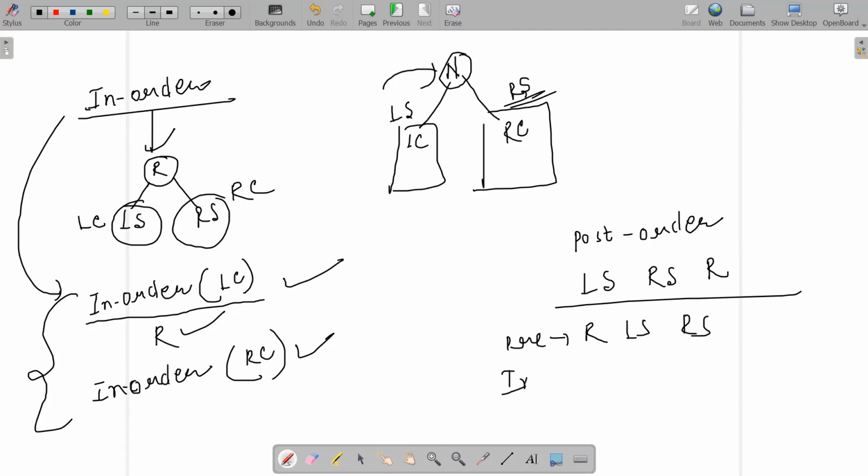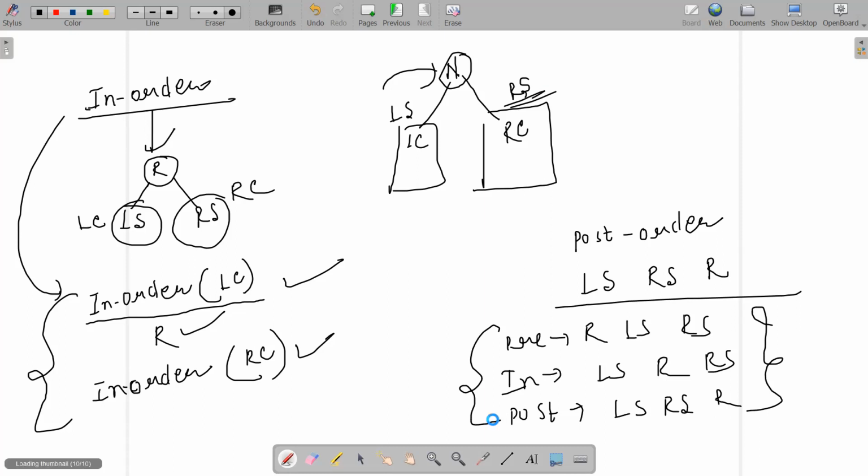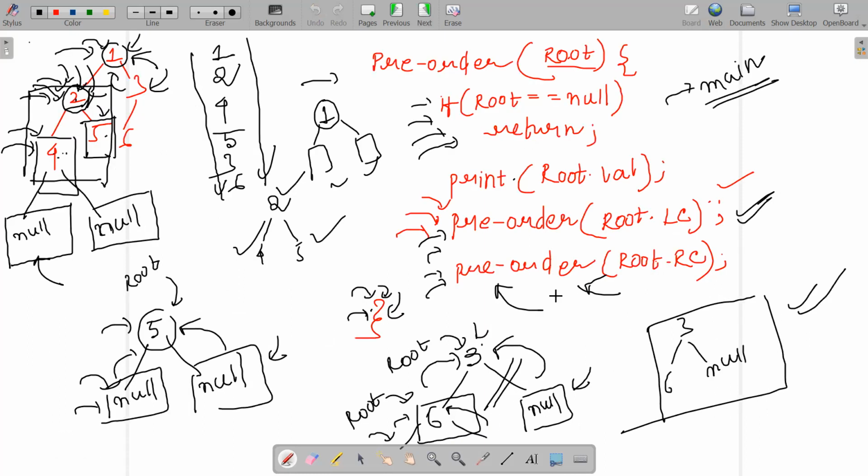If it is in-order, then first comes the left subtree, then the root, then the right subtree. If it is post-order, then first comes the left subtree, then the right subtree, then the root. That's how the overall sequence is going to look. Nothing else. Just adjust the recursive calls accordingly. You're going to get your answers. Fine. Is it clear?